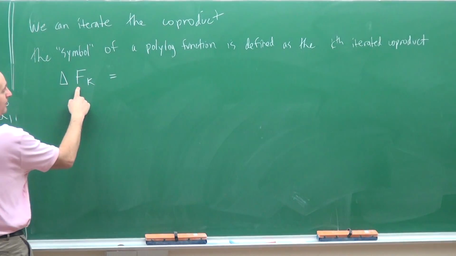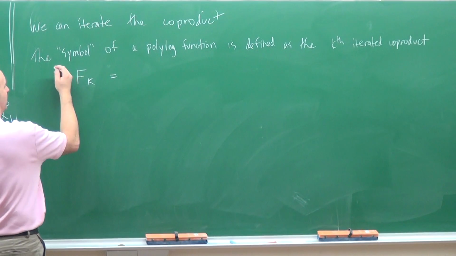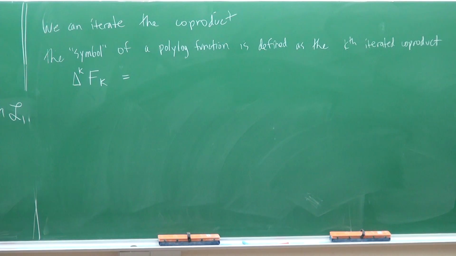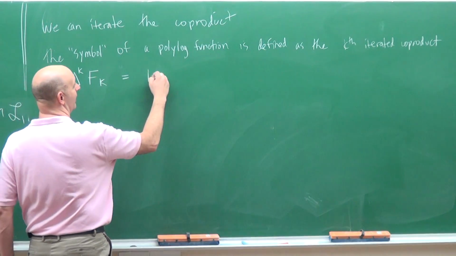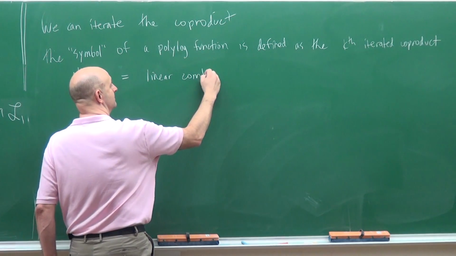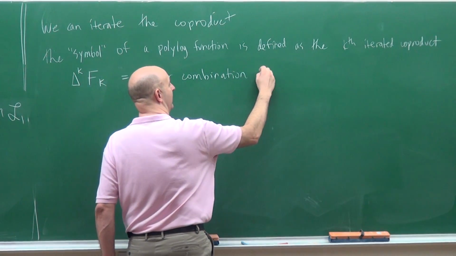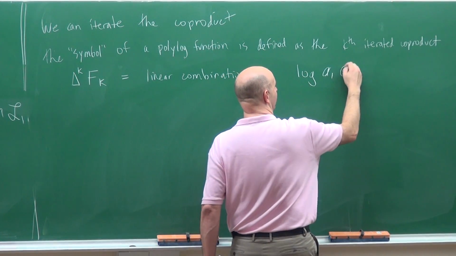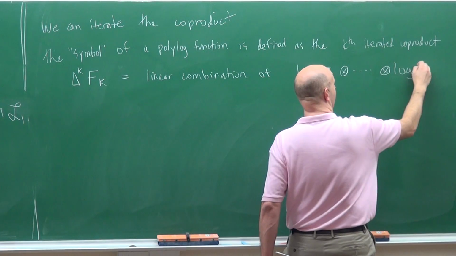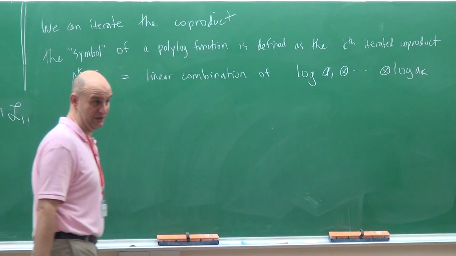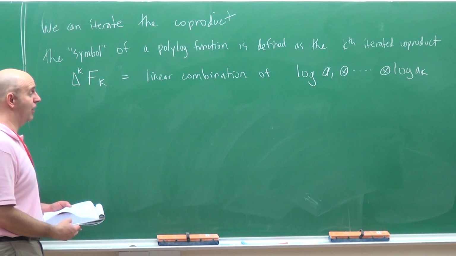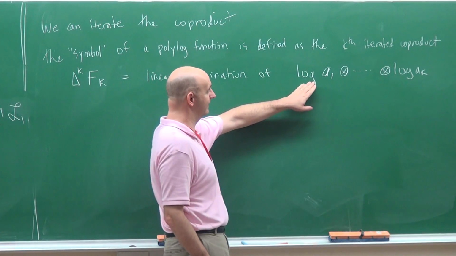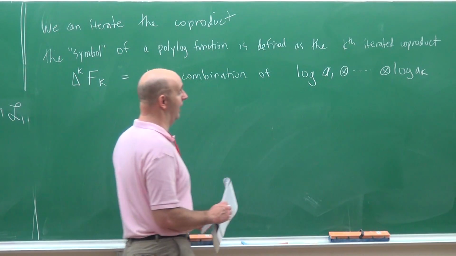So if you take a function of weight k and you take its iterated coproduct, which I'll denote by delta to the k power schematically, this is going to be a linear combination of things like log A1 tensor log AK. So at weight 1, the only function you have is the logarithm function. So if you've completely smashed your function using the coproduct, you're just going to get a linear combination of logs.